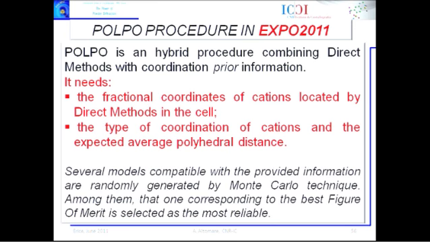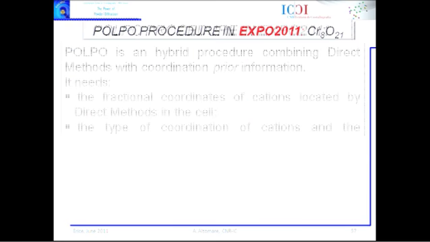Starting from this minimal information, the program is able to generate several models according to the provided polyhedral coordination information. The models are randomly generated according to the Monte Carlo technique by geometrical construction, and at the end, the model corresponding to the best figure of merit is provided.